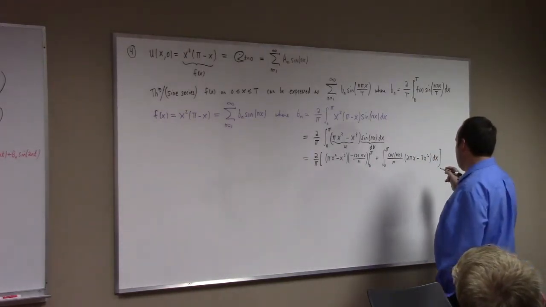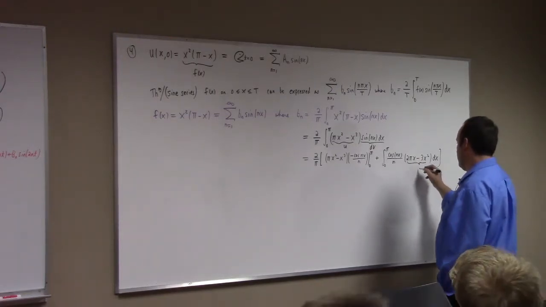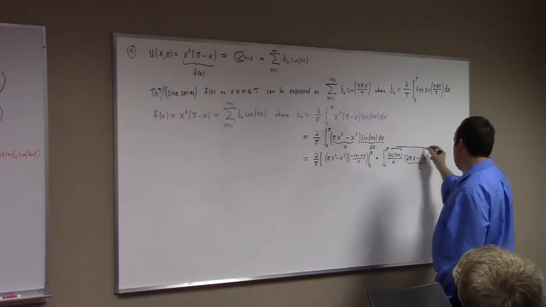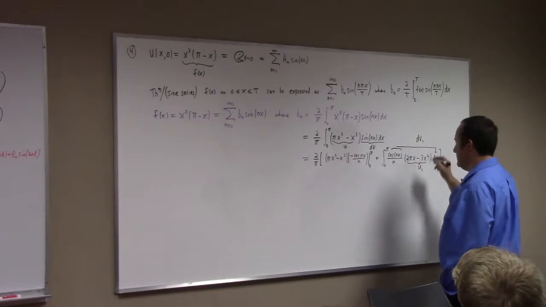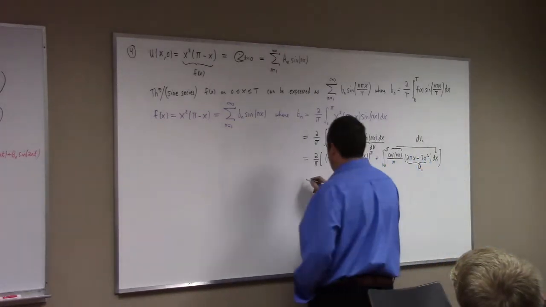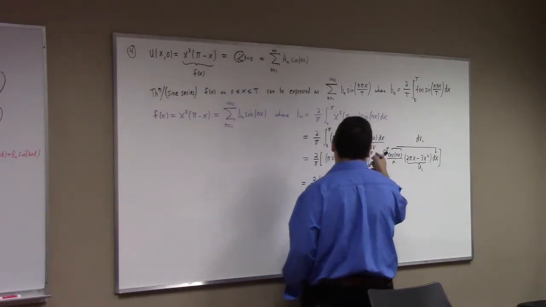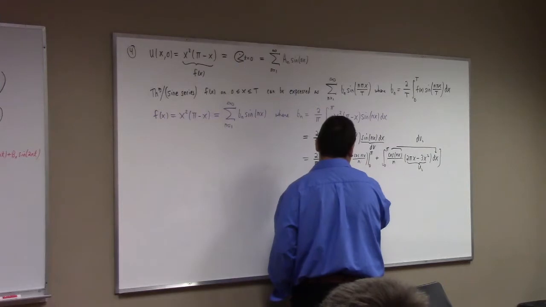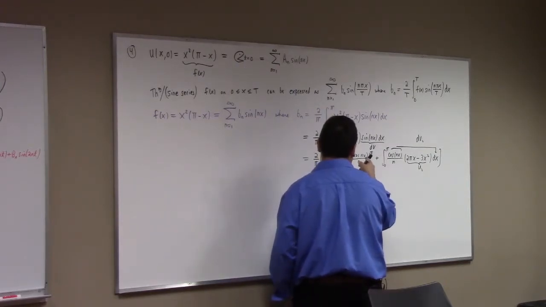So then I will make this my u2 and that my dv2. Let me just take care of the evaluation. If I plug in 0, I get 0. If I plug in pi, what's cosine of n pi?